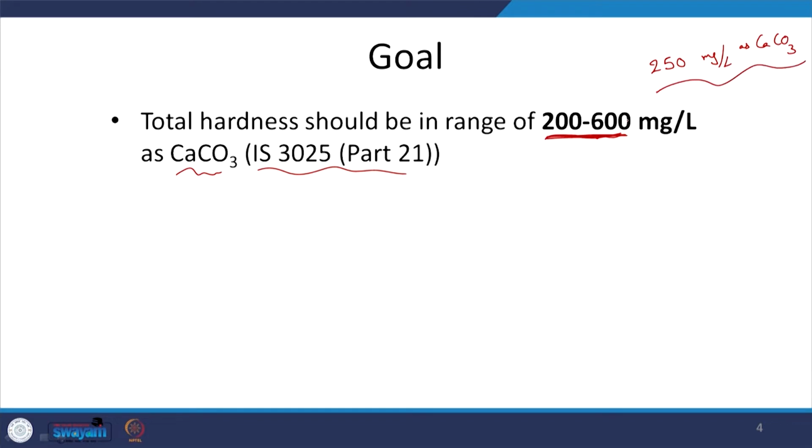Maybe for drinking too, it is not good, looking at this 600, TDS too. In general 250 is what you should aim for, but this is what the law says is acceptable. For example, in the US, I think it is around 40 or 60 typically, right. That will give you an idea about the hardness that people try to achieve in different countries.